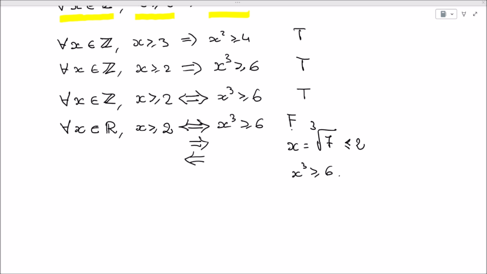Now let's conclude this lecture on elementary logic with a few rules to remember.